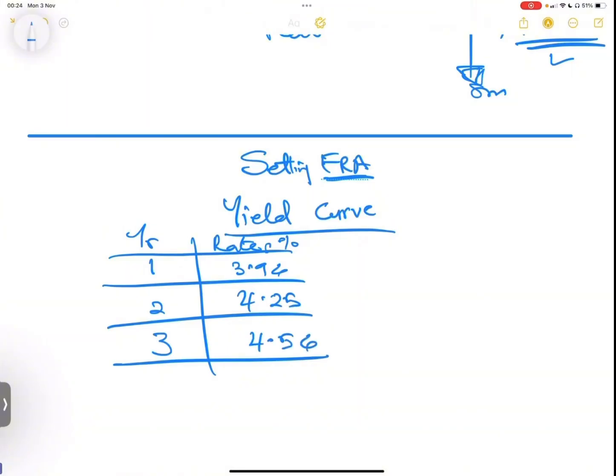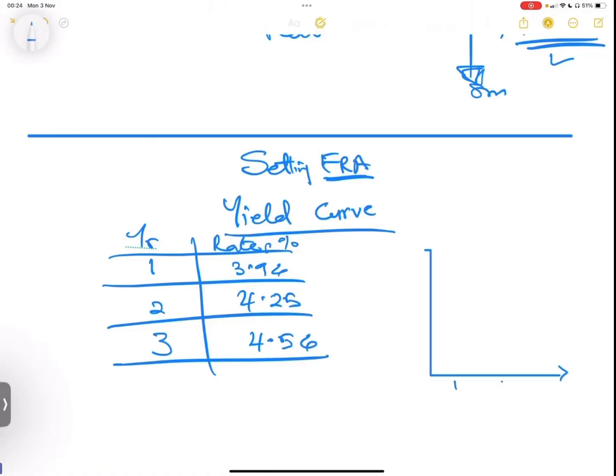I'm sure you can relate with this: generally speaking, if the time is increasing, you also expect the rate to increase, and that is usually your yield curve that we always talk about.